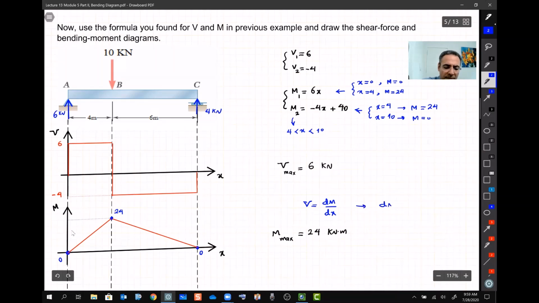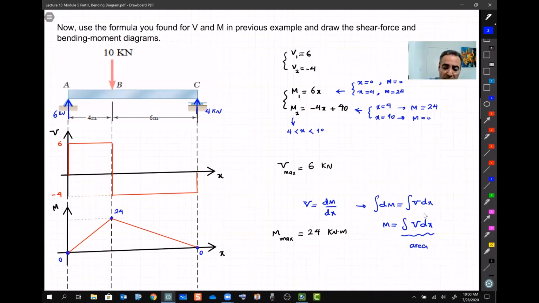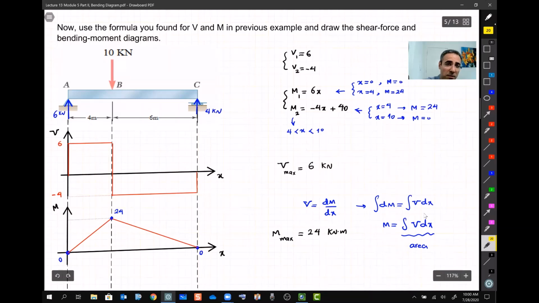Then if we look at it like this, dM is equal to V dx, probably if we integrate, then it means M is the integral of V dx, and integral always means area. So then we can guess M is always the area of the V graph.